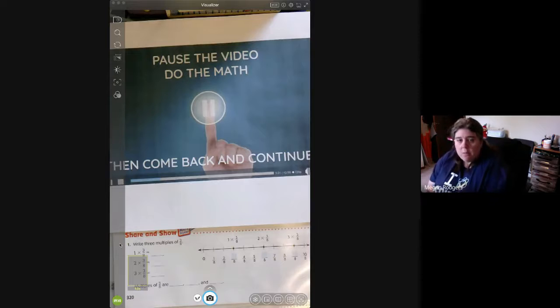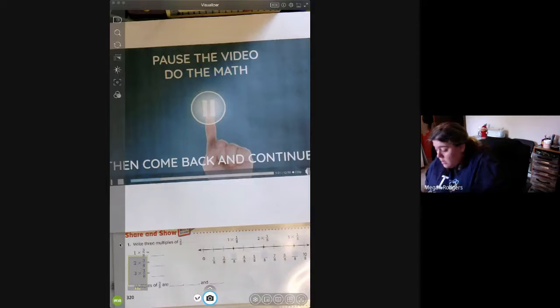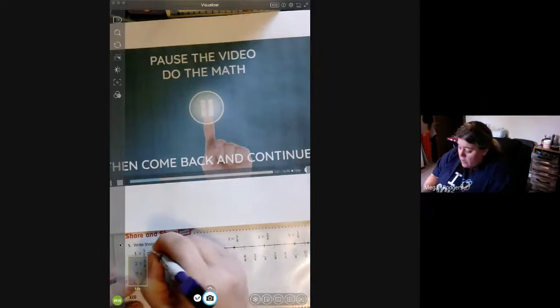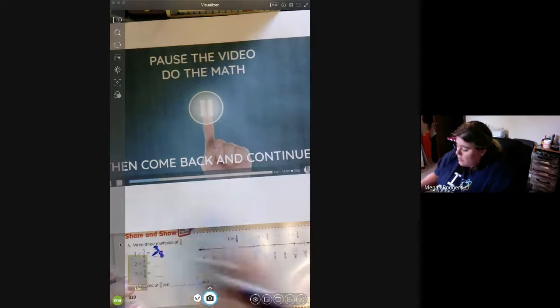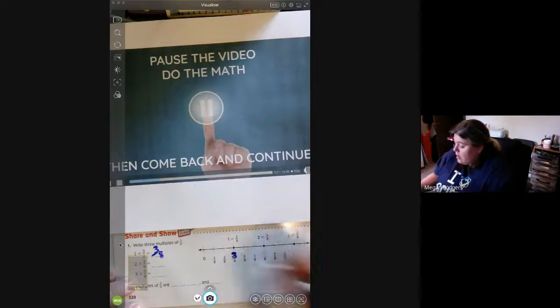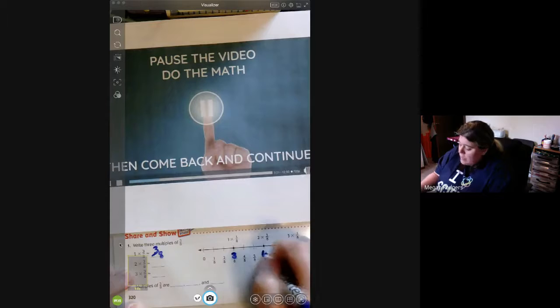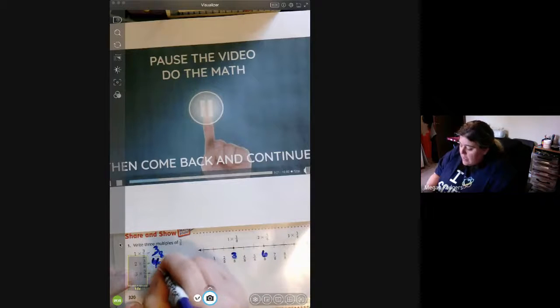So you're writing 3 multiples of 3/8. Okay, hopefully you did that. So now to write these three multiples, well, 1 times 3/8 we know is 3/8. That's an easy one. And then 2 times 3/8, if we follow along on our number line here, we see that that's going to be 6/8.